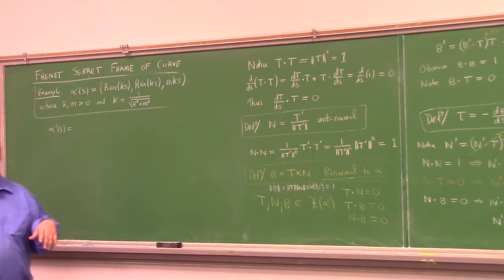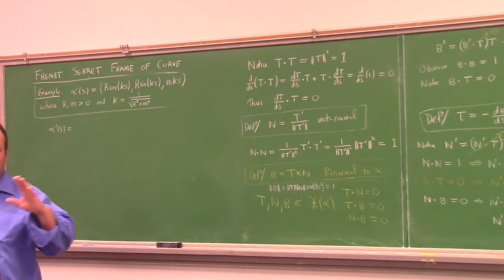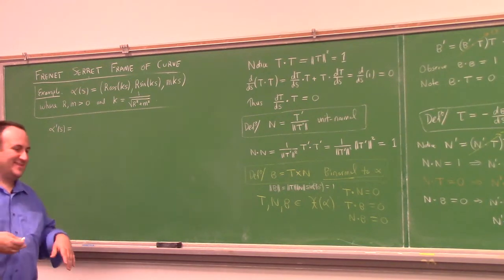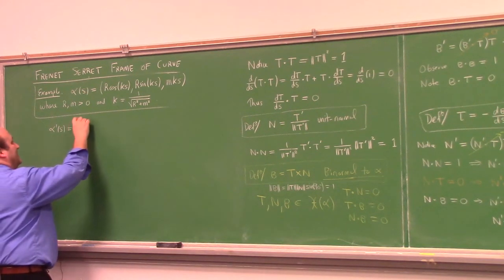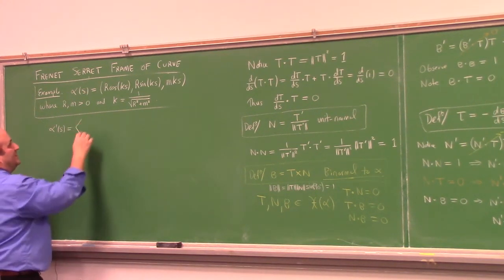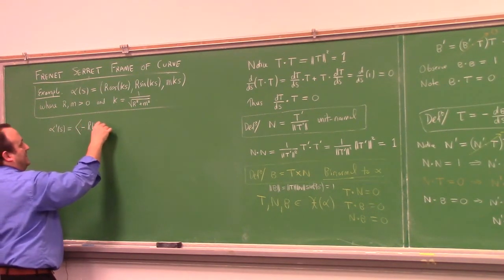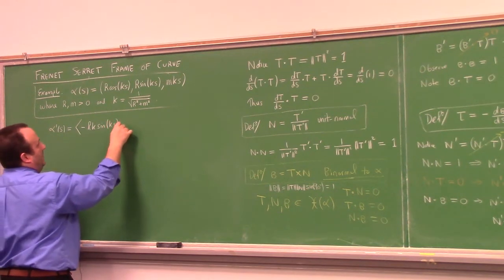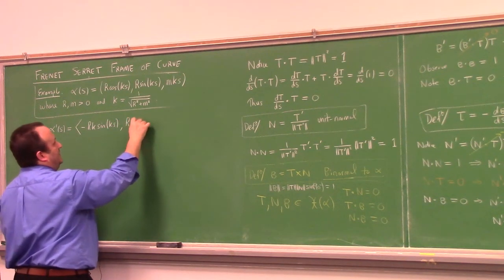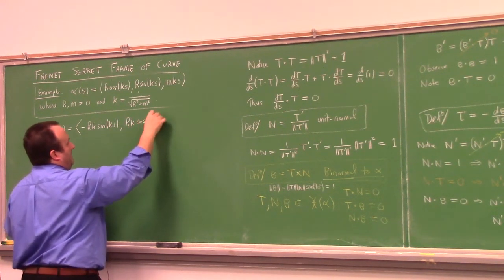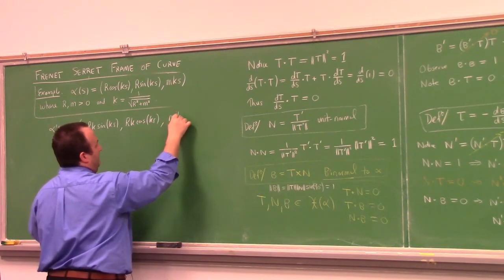I'm not going to use the U1, U2, U3 notation. I'm just going to use the bracket notation here. So let's see here. We got minus RK sine Ks, RK cosine Ks, MK.